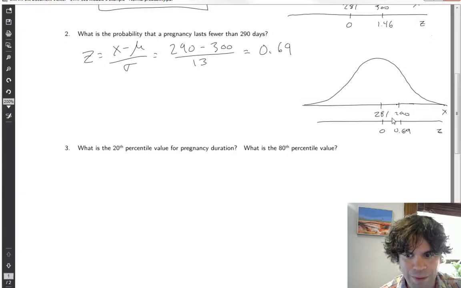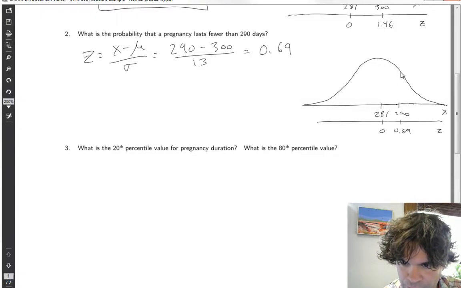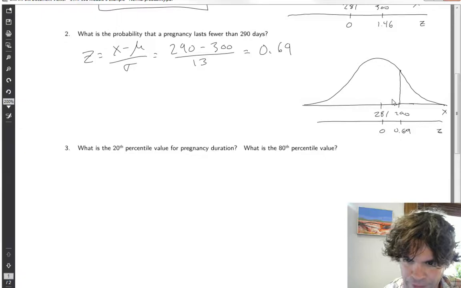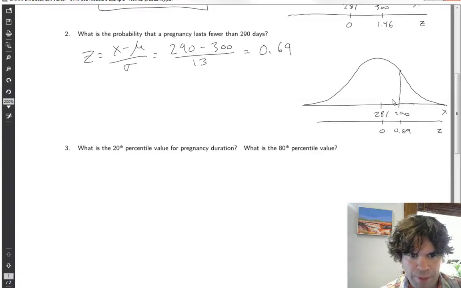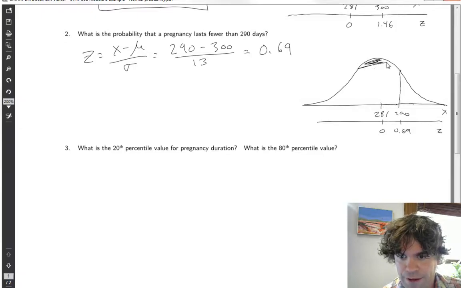So I want to be clear, 0.69 is not a probability. It's not a proportion. It's the number of standard deviations above the mean that 290 lies. So I'll draw the picture of what we want here. We want the probability that pregnancy lasts fewer than 290 days. So fewer means I'm going to shade to the left here.